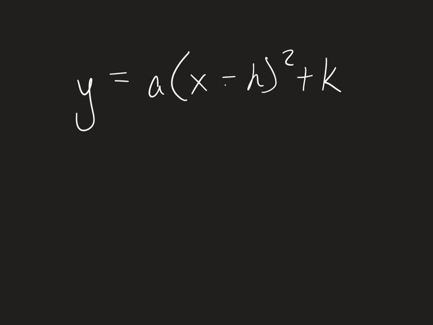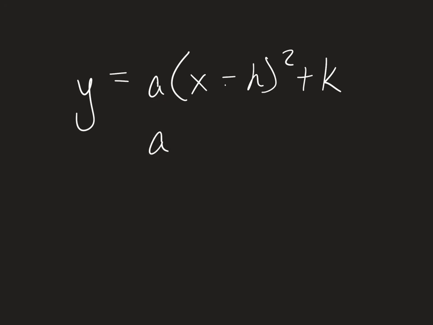Just more topics here. Transformations, remember your basic idea on a transformation. Anything that happens inside of the parentheses is a left to right movement. And anything that happens outside is an up or down. You will see those. And then an A in front is a stretch or compression.